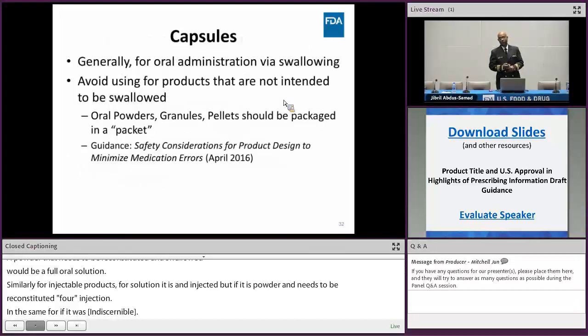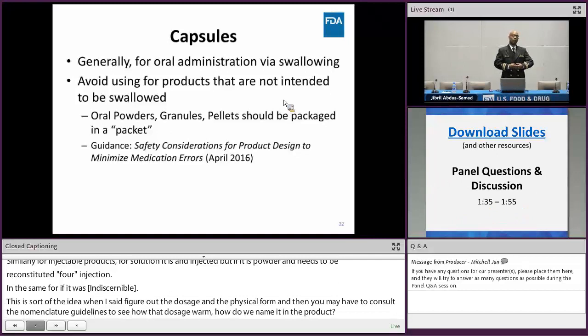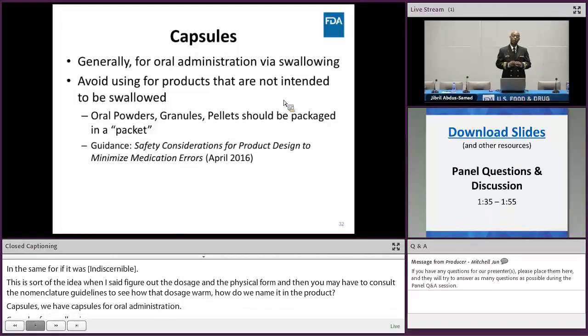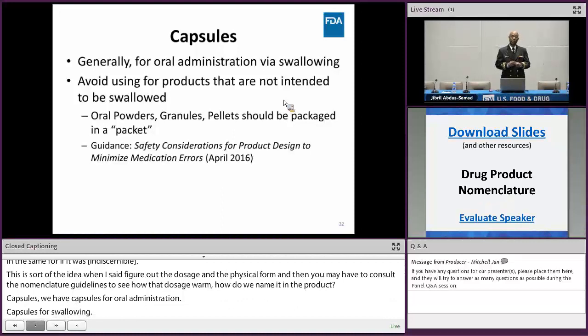Capsules, we have capsules for oral administration. Generally, capsules are for swallowing. We highly discourage using capsules as containers for granules or powders or pellets that need to be opened and put inside to be administered directly, where swallowing the capsule is not intended.